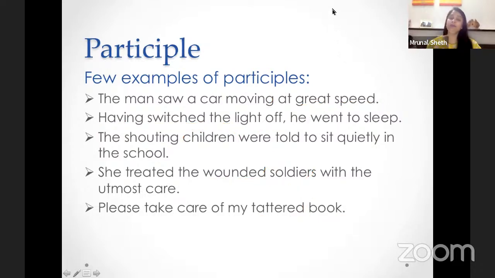Okay, let me just check if there are any questions. I don't see anything so far. Vishal Sanghvi is again asking, what is the meaning of exceptionally?